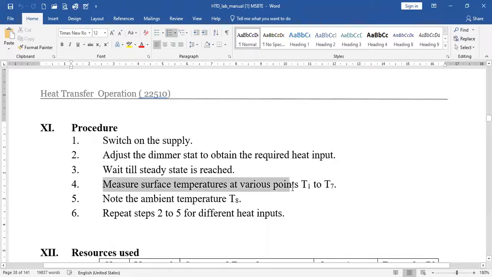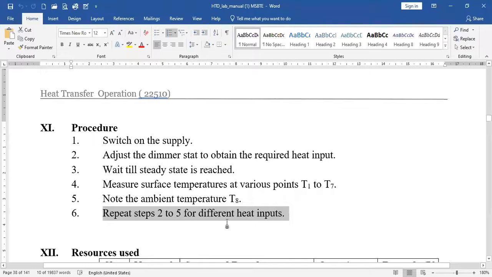Then measure surface temperatures at various points, that is T1 to T7. Note the ambient temperature, that is T8. These T1 to T7 temperatures are the surface temperatures of the copper tube, and T8 is the ambient temperature. Then repeat steps 2 to 5 for different heat inputs.